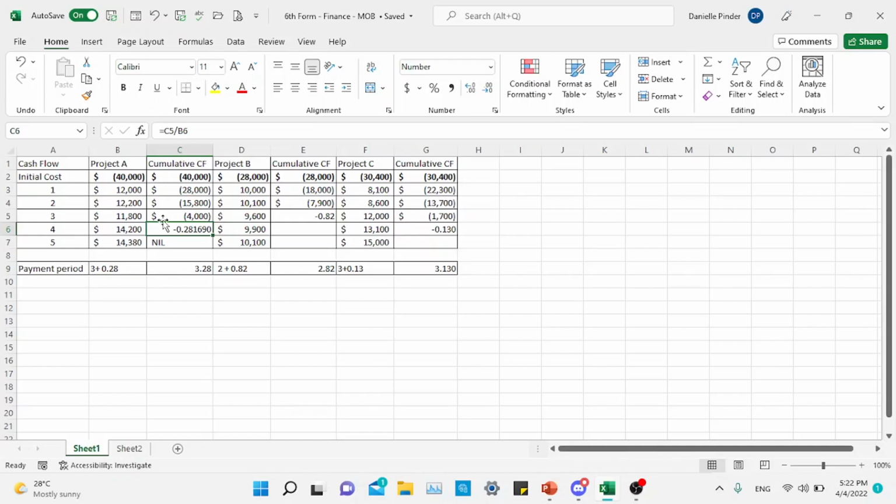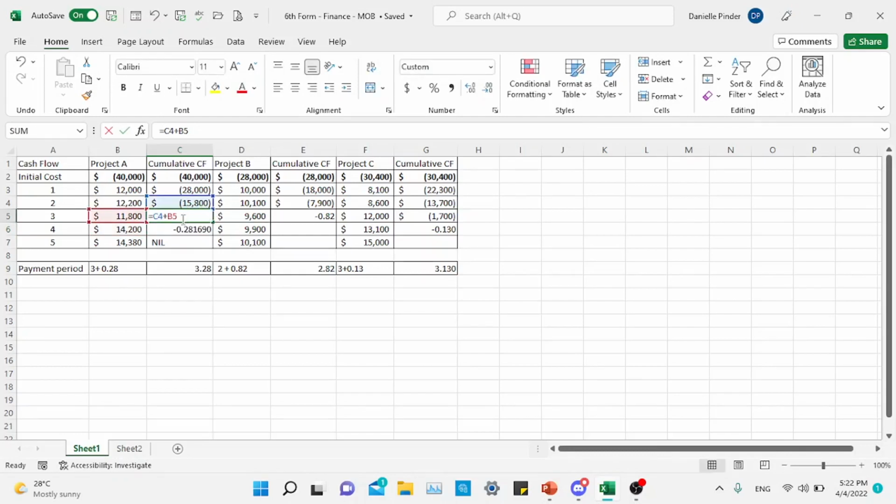But we see here how next year's cash flow is way more than the 4,000, right? So all you have to do is to say 4,000.